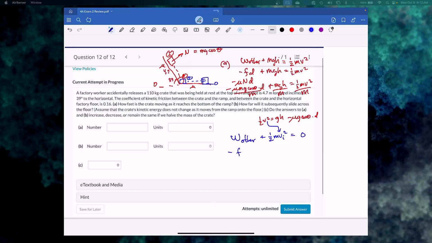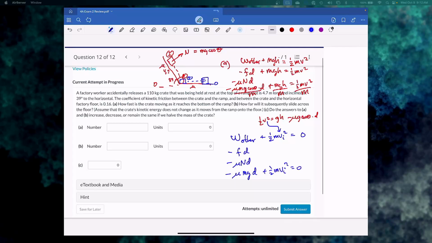On the floor, this is negative FD, which is negative mu times N. And on the flat floor, what's the normal force going to be? Just mg, cosine 0. Solve for D. Yeah, you can get rid of mass, right?